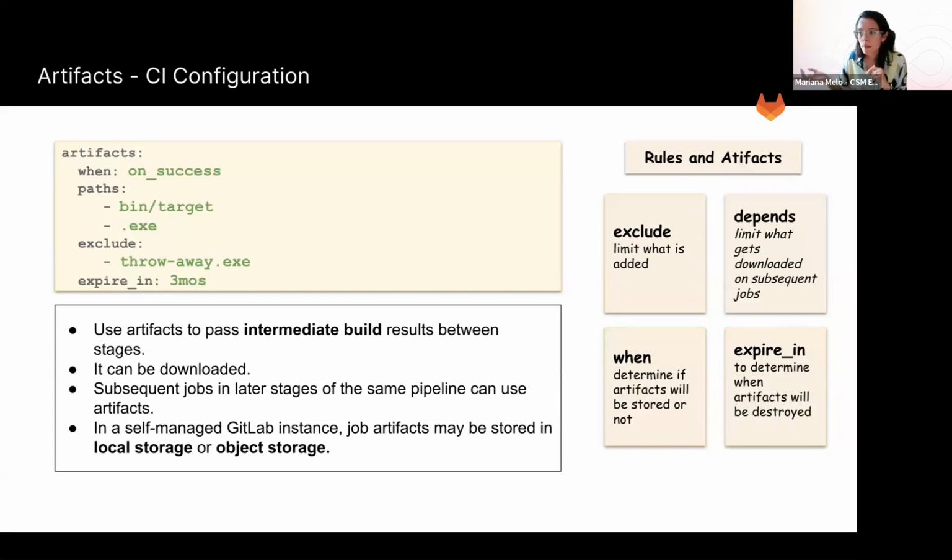You can also, as before, apply rules here. So almost everything that we are talking about can be combined somehow, and the idea is to combine them, get the best value from GitLab, and of course add some efficiency to your pipeline. For the rules, I added here the options that you have: exclude, depends, when, and expiring, and how they would behave in this case for the artifacts.